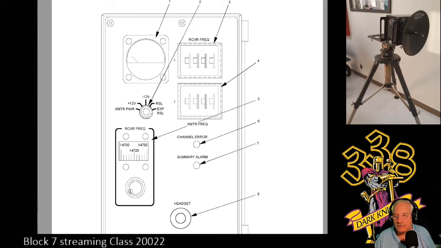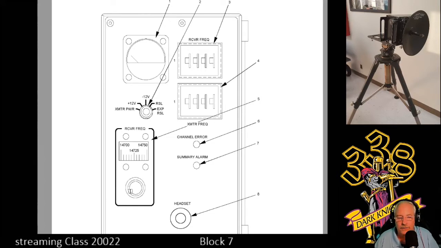So please, when you are putting in your frequencies for the RF assembly, always remember receive is on top and you got 2 to adjust, and transmit's on the bottom.